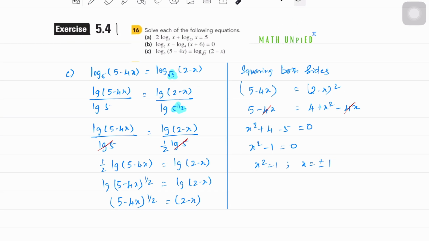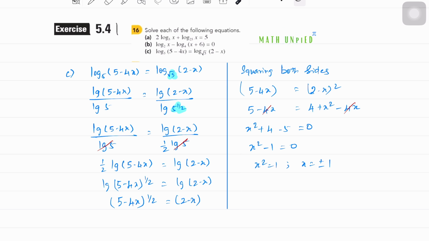Now x has got two values, plus 1 and minus 1. If you look at negative 1 carefully, this will not make the log expression undefined. Usually we come across x equal to negative values and we reject them because it will make the log undefined, log of negative numbers.